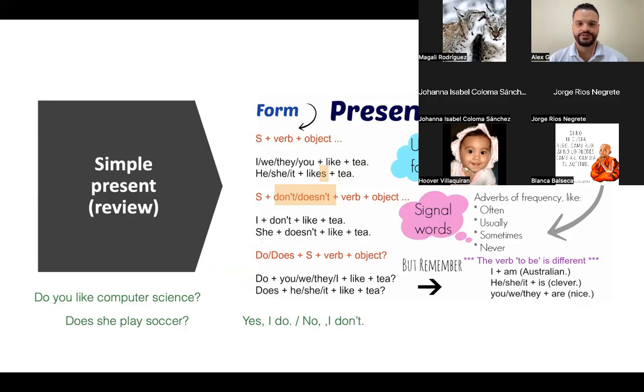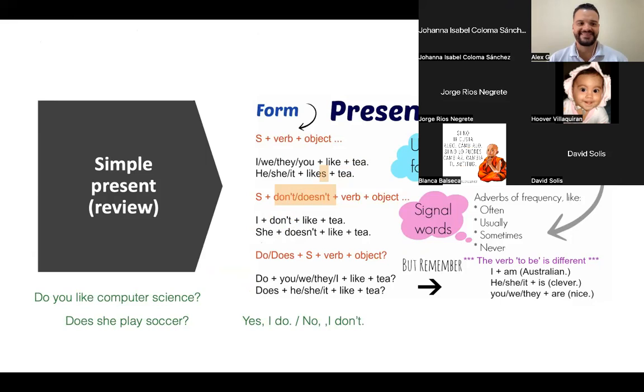What about George? George, can you read this? Facts? What about David? David, can you read this? Facts? You can repeat.